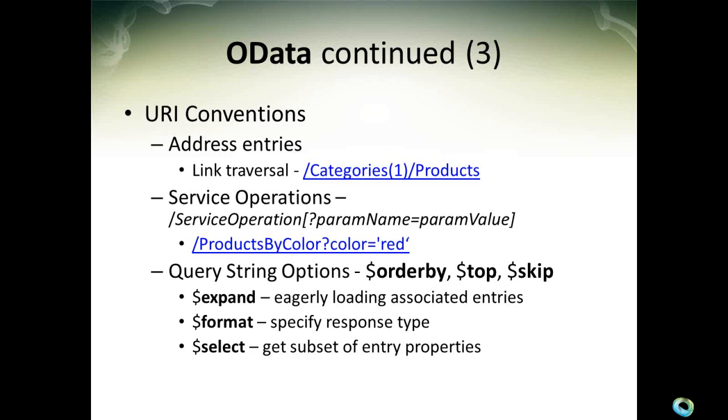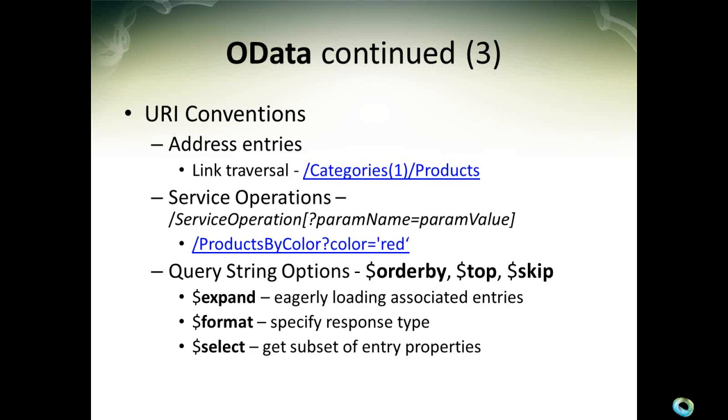Furthermore, we can expand with certain query string options. There are a number of them that are supported by OData. There are some basic ones like order by, top, and skip. These all are equal to the operators found in LINQ in .NET and also in the SQL database.